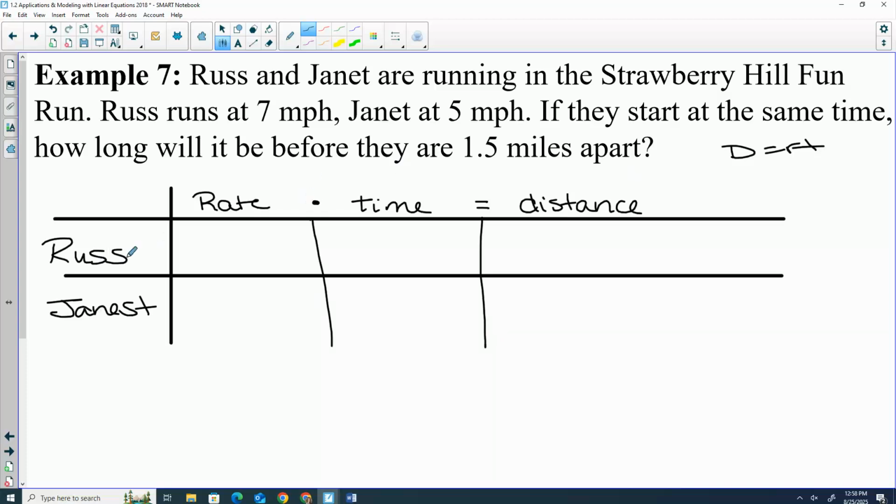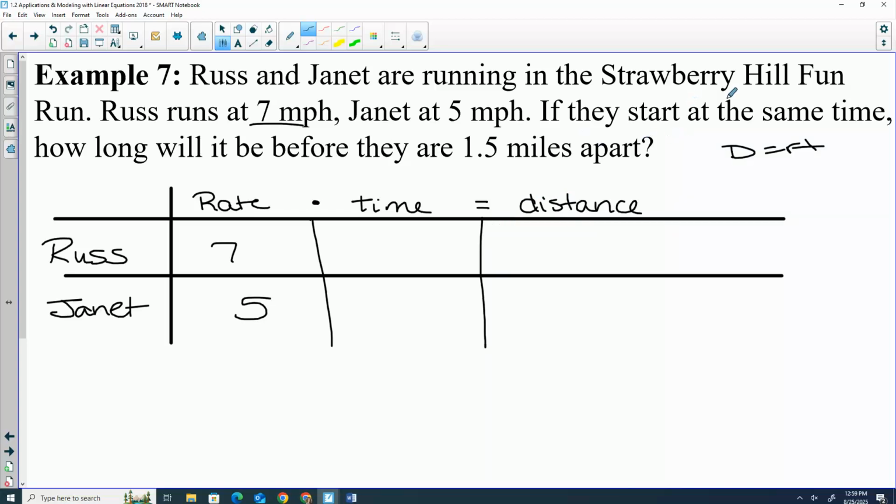Alright, rate. Russ is 7 miles per hour. Your rate is your speed. So Russ is 7 and Janet is 5. Okay, do I know the time? No, but what do I know about the 2 of them?